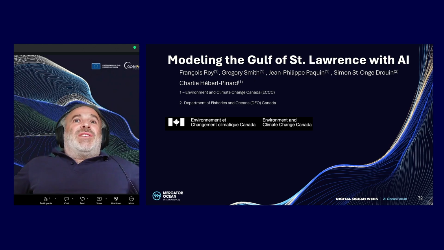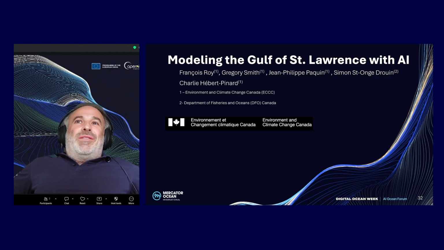And the Gulf of St. Lawrence physics-based model were developed. It started like 30 years ago, and I was part of these 30 years, and I was kind of curious of how machine learning could handle this complex environment without data.